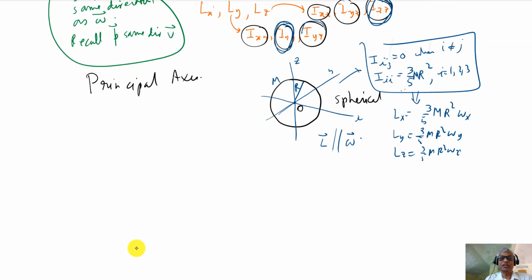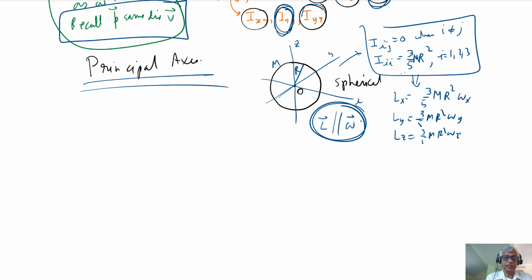Let's look at another example. Another example will be a disk, with radius r and mass m, and the height h is much less than r, so you ignore h. Here is one principal axis, and right through the center another principal axis.